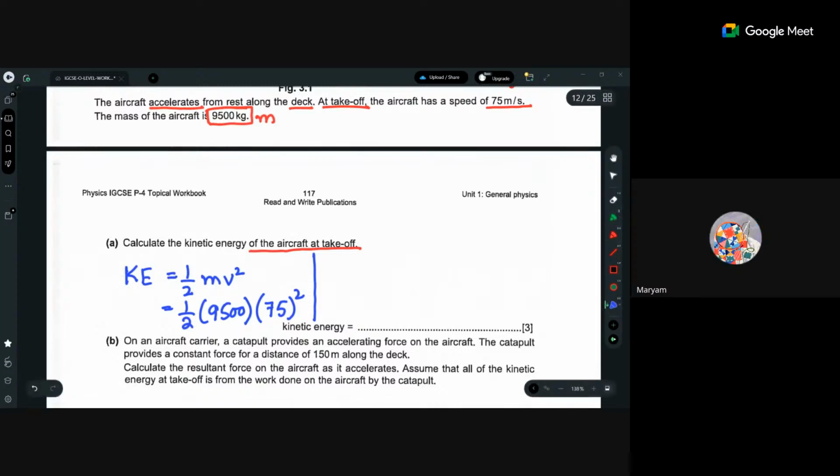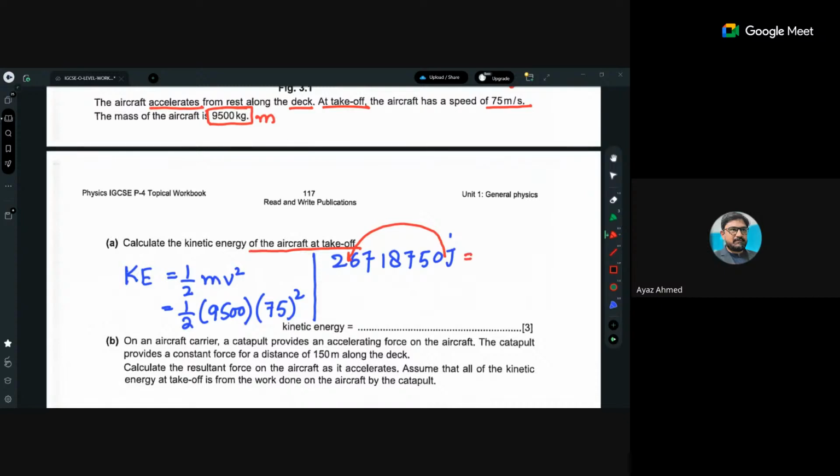The answer is 2,671,875. Good. So I have to shift the decimal here, and then I will round it off. When I shift this decimal, I get 2.67 times 10 raised to the power 7 joules.